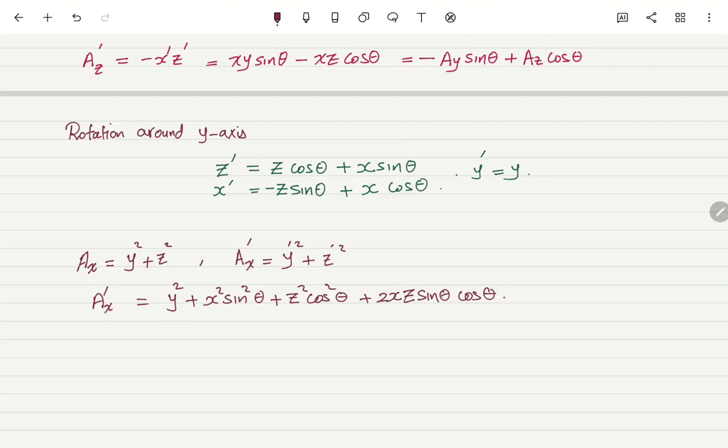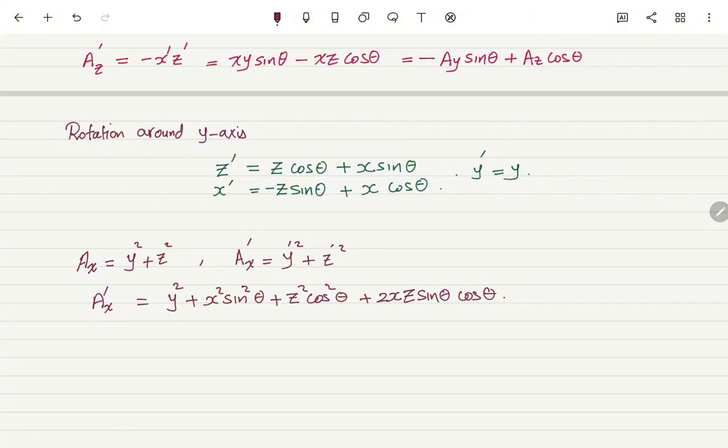And from this one, we can see that ax prime does not transform in the same manner as x prime, and we can stop right here. No need to go further to find ay prime and az prime.